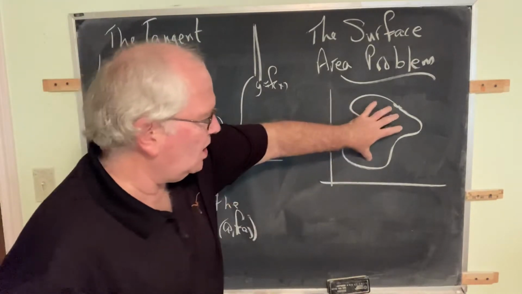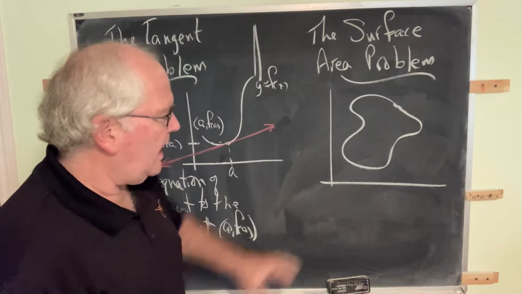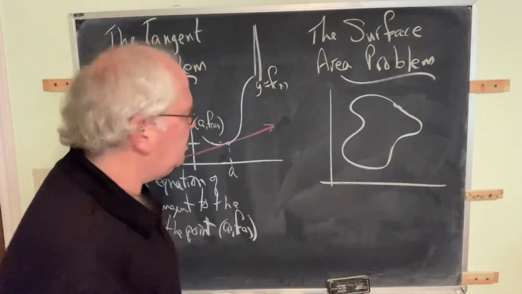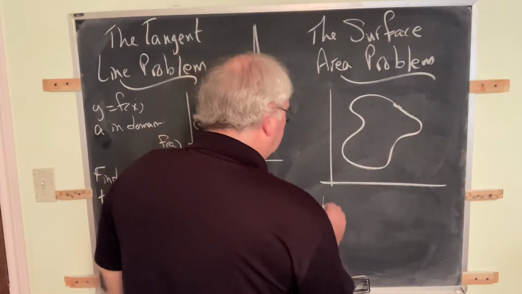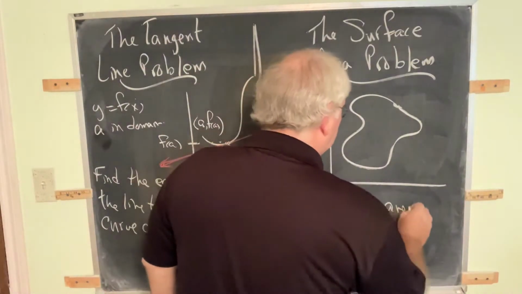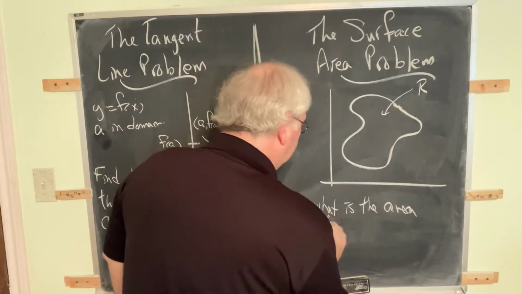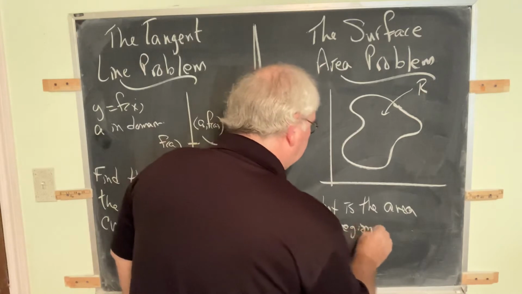So we're given this curve, so all the points on that curve we know. And given a region that it encloses, the question is, what is the area? If I call this region R, what is the area of region R?